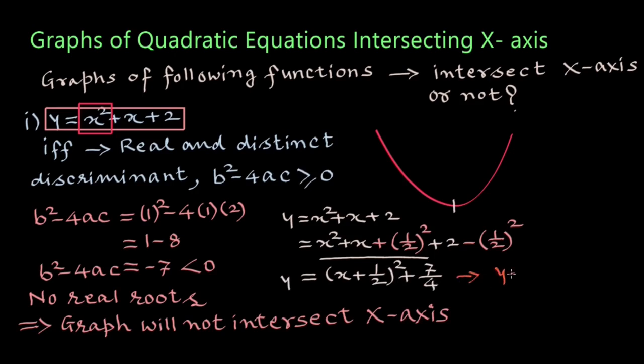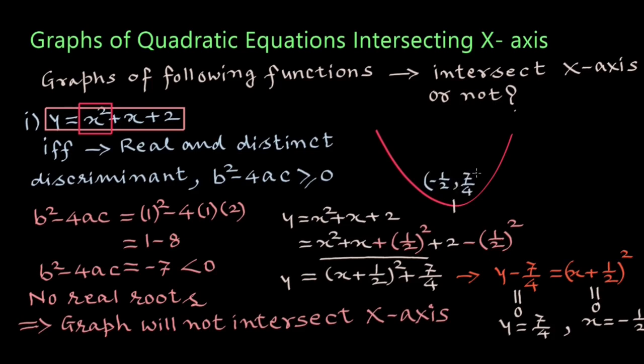This we write as y − 7/4 equals (x + 1/2)². Equating both sides to 0, we get y equals 7/4 and x equals −1/2. So the lowermost point on this curve is (−1/2, 7/4). Obviously, this lowermost point is not on the x-axis.